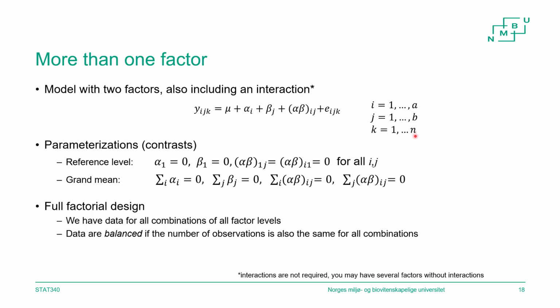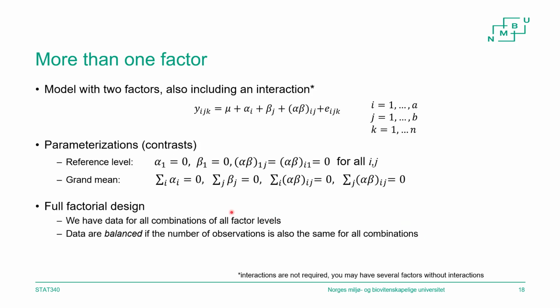That's the perfect data set, you could say, for testing or revealing all the effects. Both the main effects, we call these main effects, and these are the interaction effects.